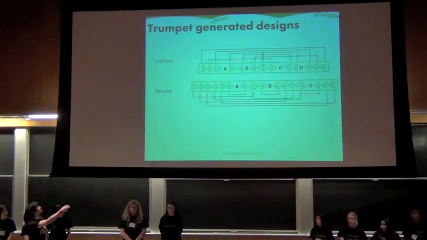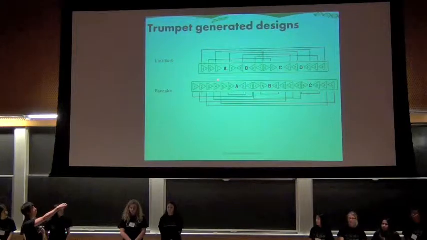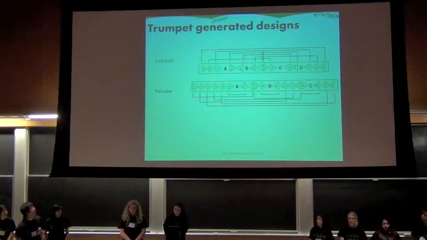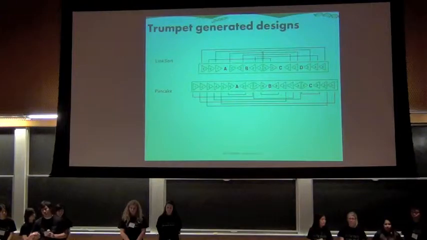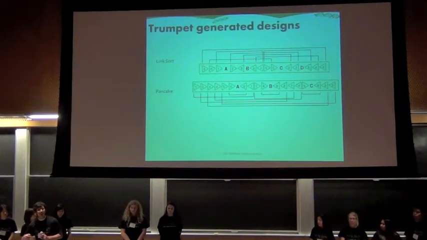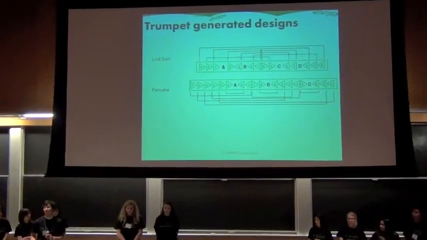Shown here are 2 designs. At the top, we have a design generated using link sort, and at the bottom, we have a design using pancake. The letters denote parts, and the triangles denote invertase recognition sites. As you can see, even with a small number of parts, the designs are intricate and complex.